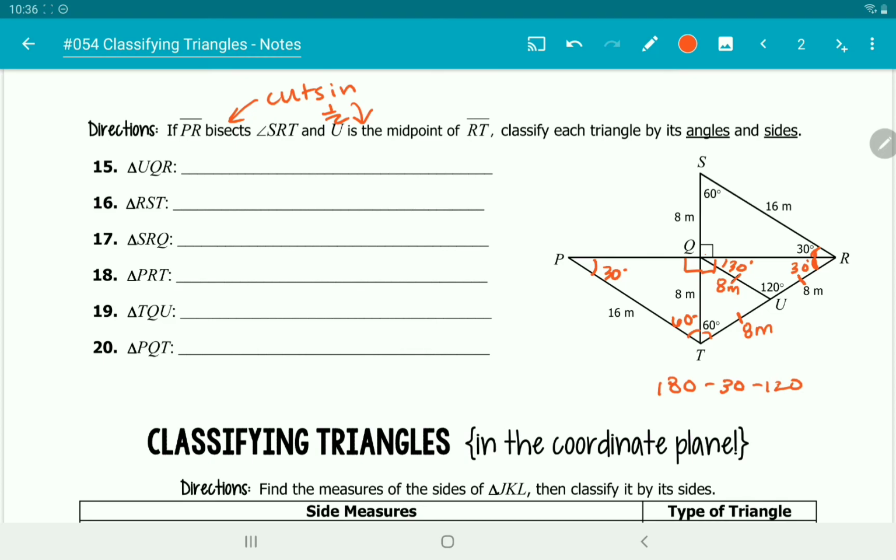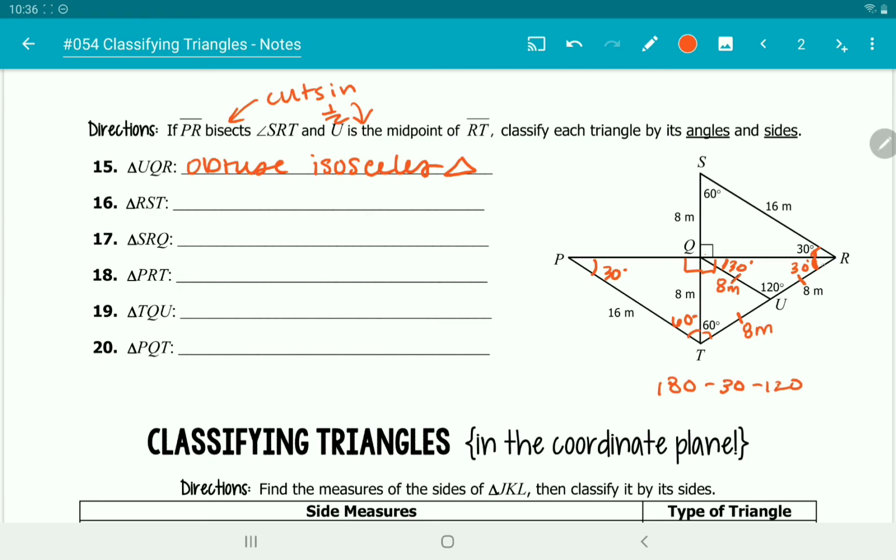So since 30, 30, and 120, 120 is an obtuse angle, it's going to be an obtuse triangle. But then if we look at the sides, we have 8 meters and 8 meters, and we don't know what this one is, but we do know that those 2 are the same, so it's isosceles, because we have 2 the same. So it's an obtuse isosceles triangle.